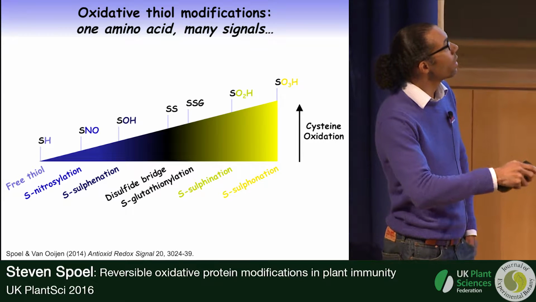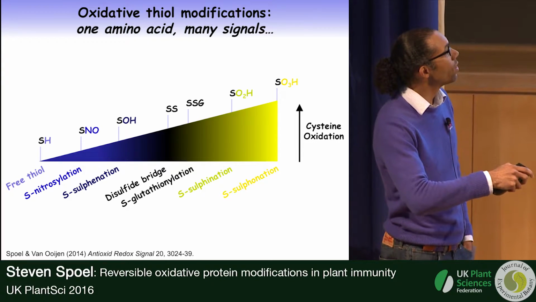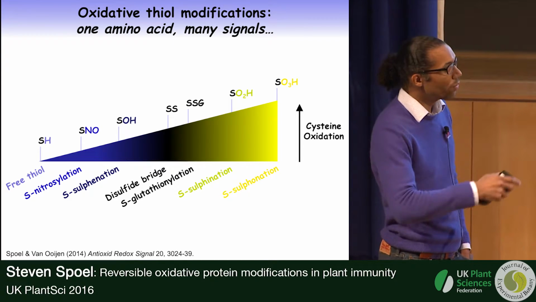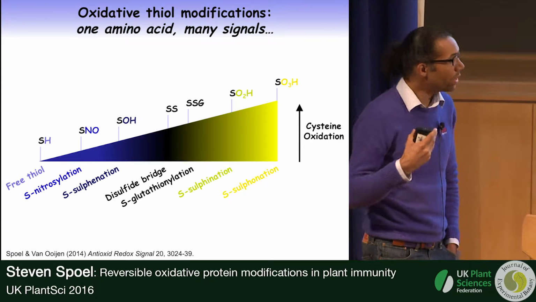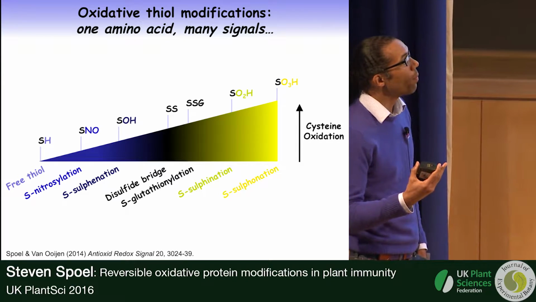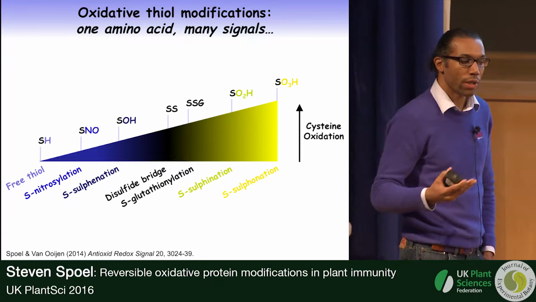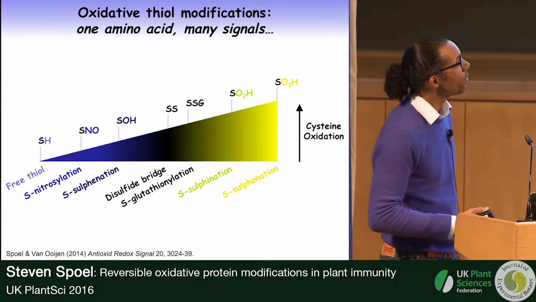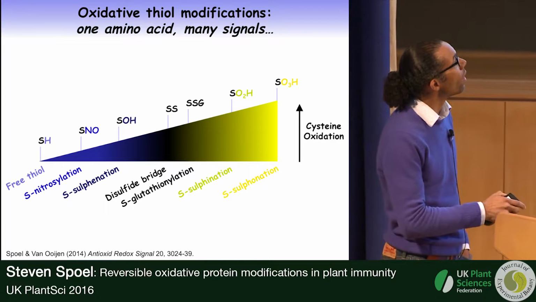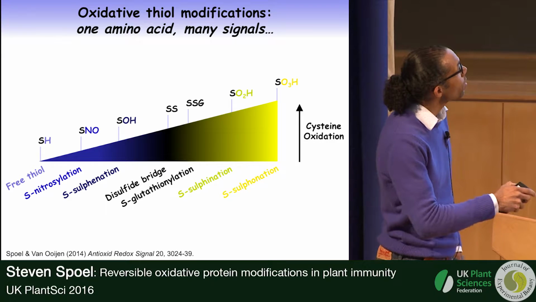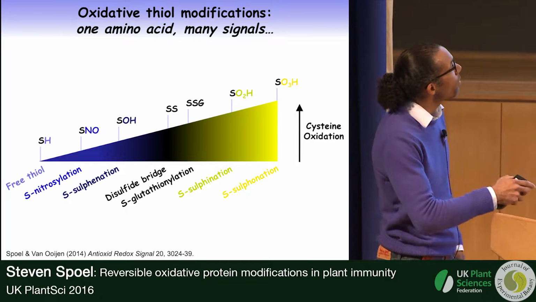And then you can go even higher to S-sulfinic and S-sulfonic states. And S-sulfonation is important to mention, that's a state of oxidation that can no longer be reversed. And so it's usually associated with pathologies in organisms. Whereas all of these other states can be reversed.